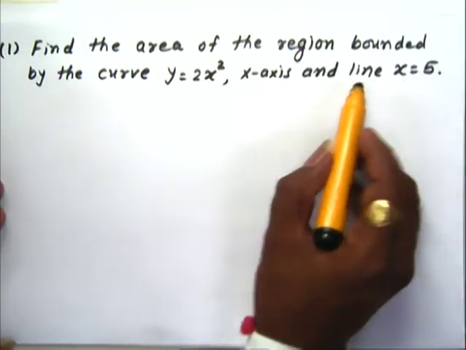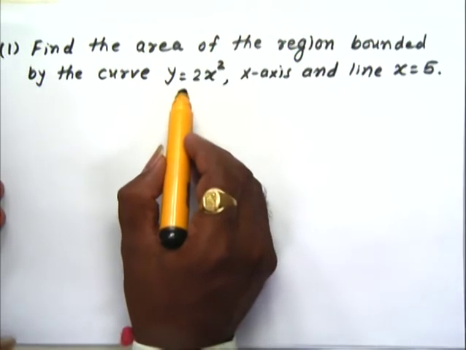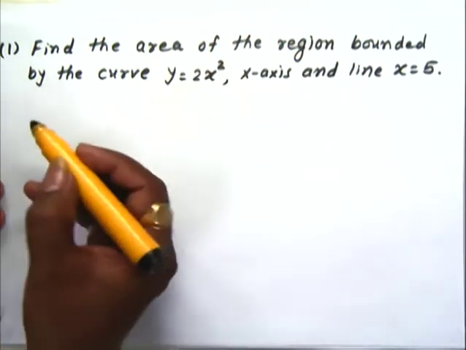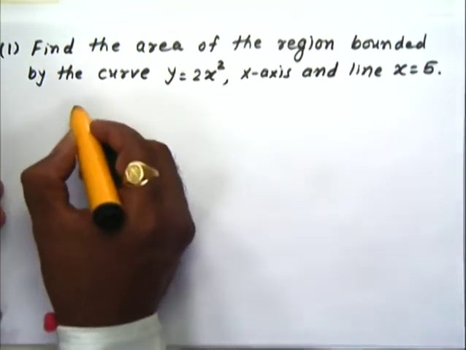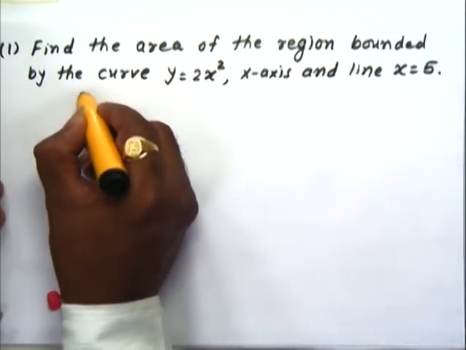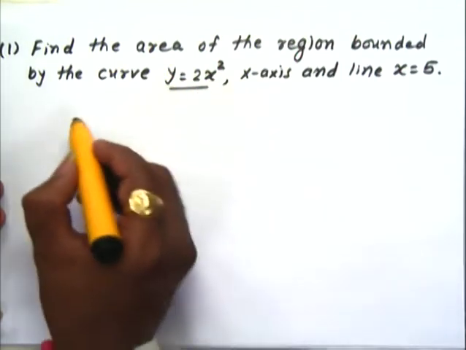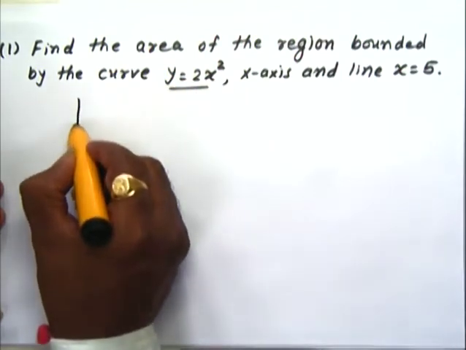Before we calculate the area, we must draw the figure. What is the region that we have to find the area of? So how will you draw this curve? Let's understand.